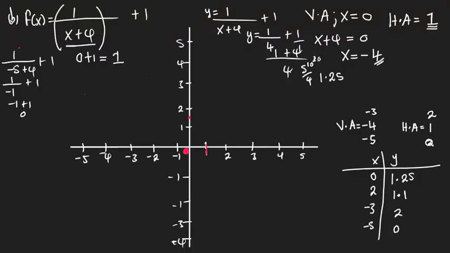So let's plot it. It's here. How about our horizontal asymptote? Our horizontal asymptote is at 1. So let's also sketch it, like that.